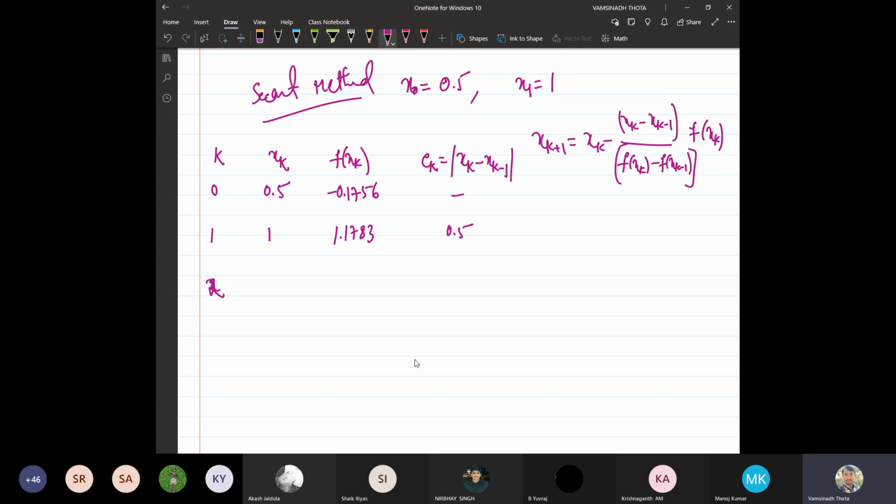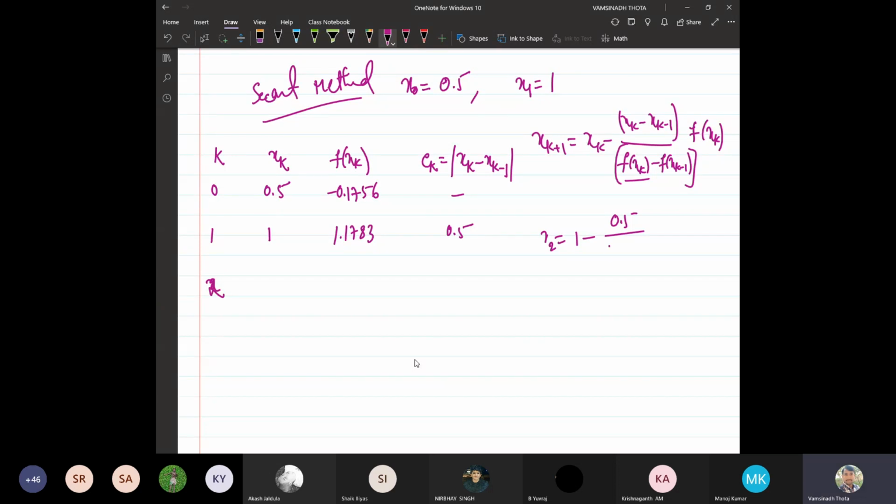So how to evaluate x2? Substitute k is equal to 1 here. So x2 is equal to x1, x1 is 1, minus (xk minus xk minus 1), so that is 0.5, upon f at xk minus f at xk minus 1. This one minus this one.